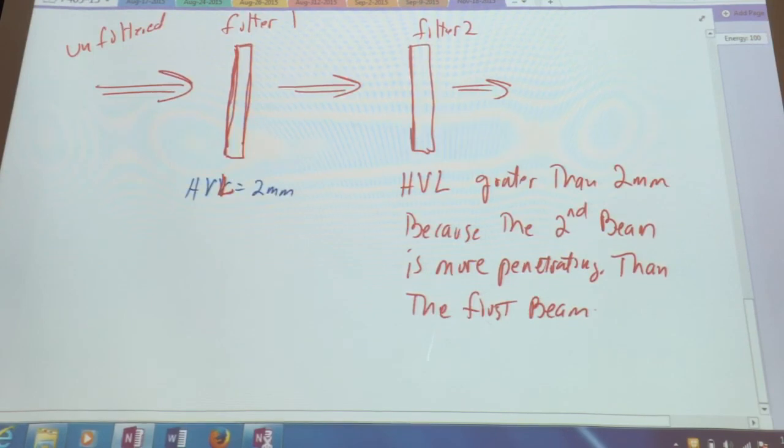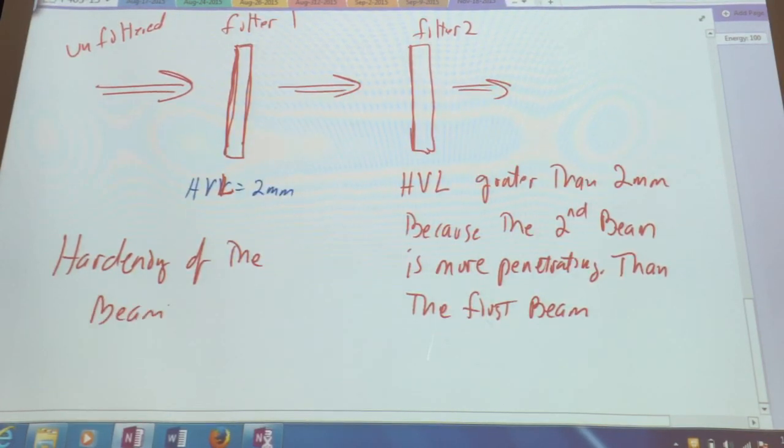Another word used to describe this process is hardening of the beam. Kind of a strange idea. The beam is harder, it will penetrate more, is kind of the linguistic direction that you're going in there.